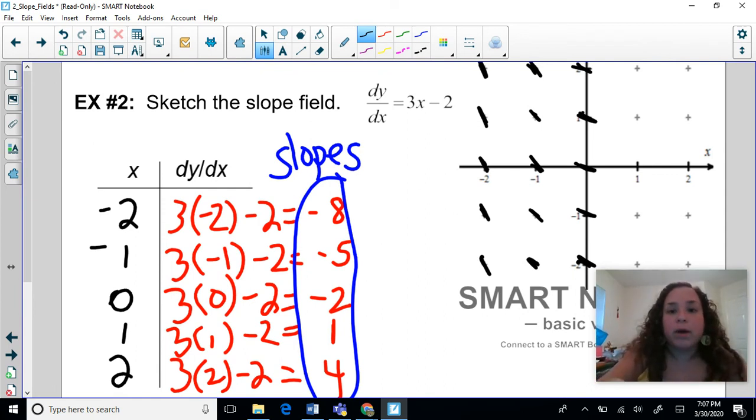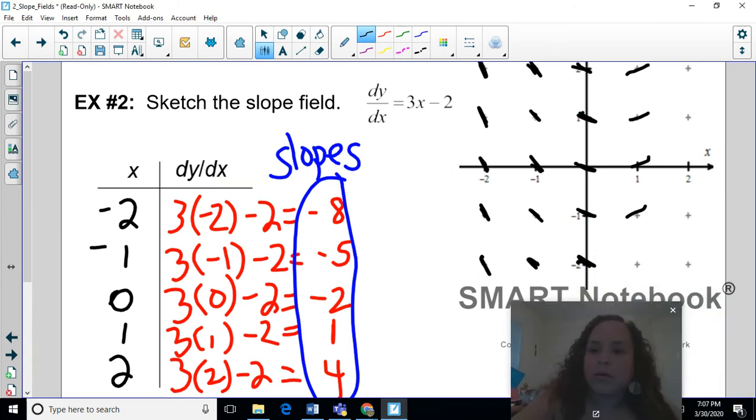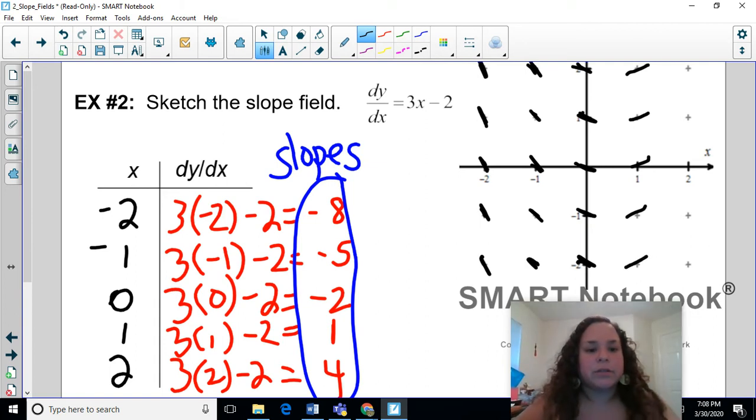At +1, now we have a positive slope, so therefore now the slope has to be increasing from left to right, but it's not too steep. So like that, because it's increasing. And then at x equals 2, the slope becomes 4, which is more steep, and positive is still increasing, so now it's going to be more steep.